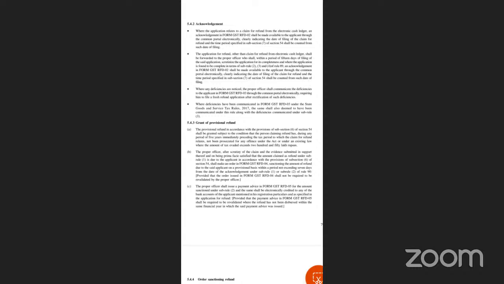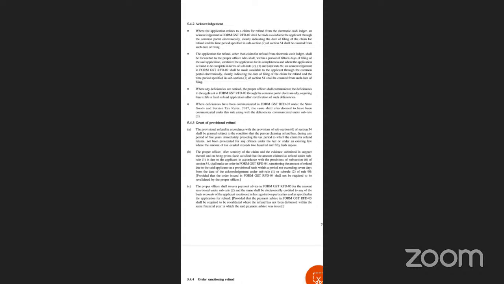And within a period not exceeding 7 days from the date of acknowledgement. So as and when you receive the acknowledgement, within a period of 7 days, he will accept and see to it that the amount is sanctioned on a provisional basis of refund.